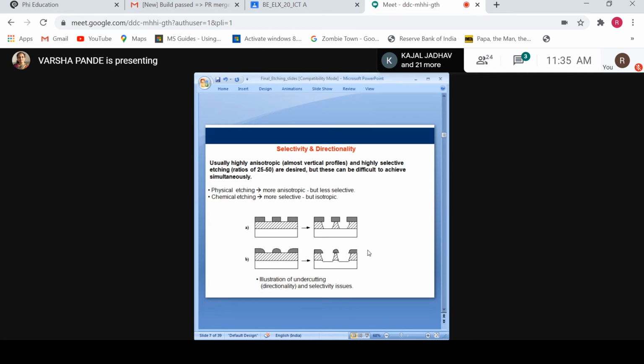In the second diagram, the photoresist mask is also removed, the silicon substrate is also removed, and the silicon dioxide is also removed. Though the directionality is good, the selectivity is not, because due to the ion bombardment the unwanted part also gets removed. Did you understand this much?